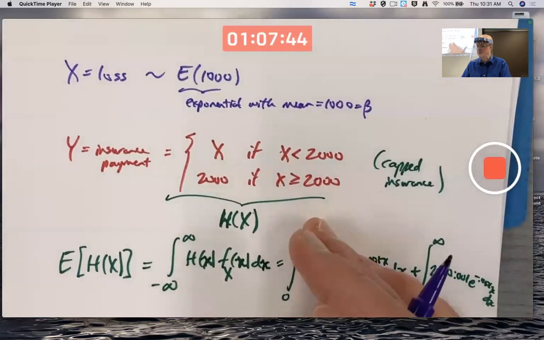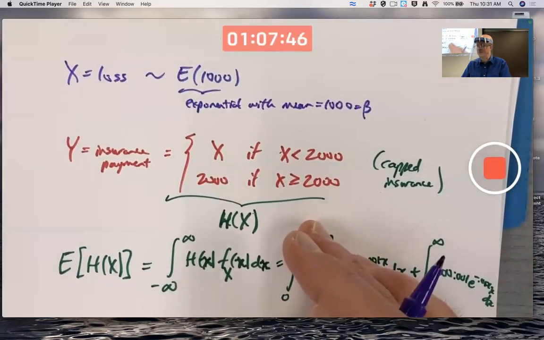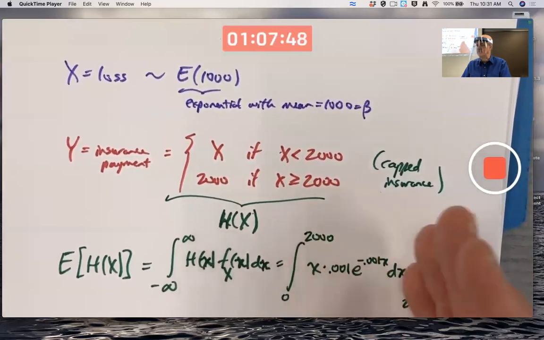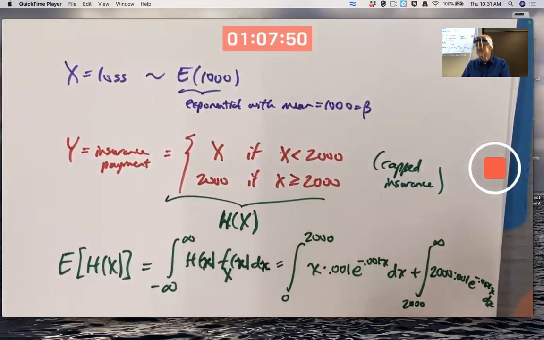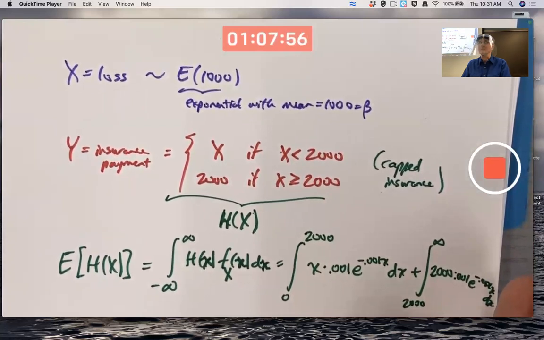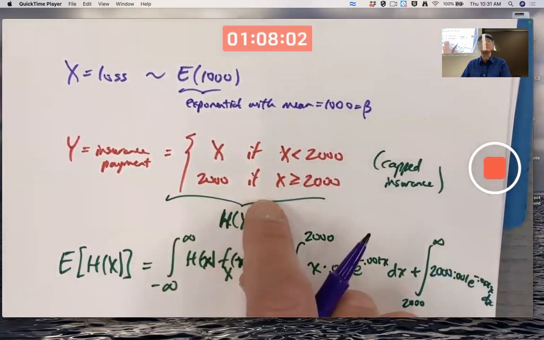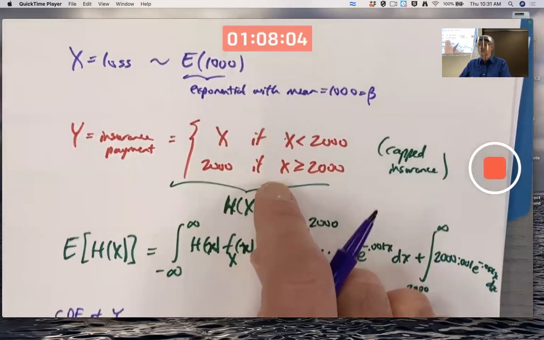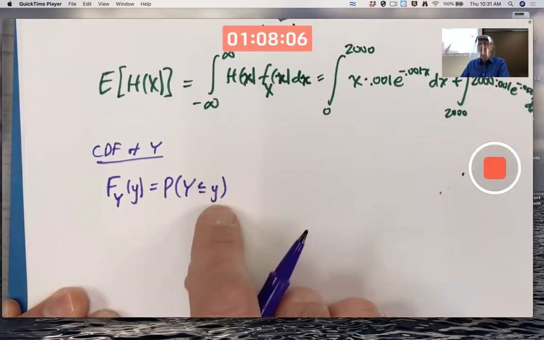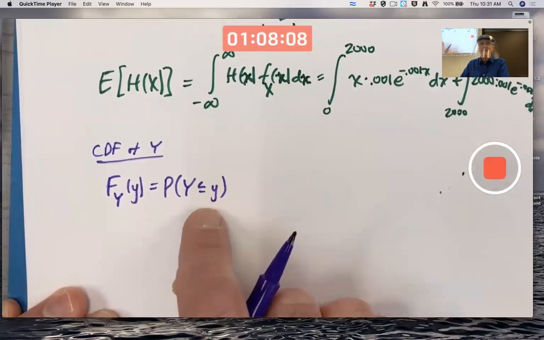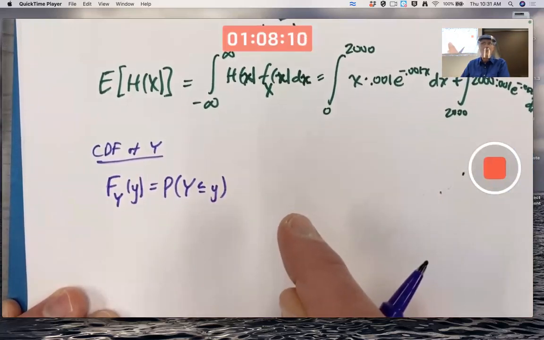X could be bigger than 2,000, and the probability that x is, for example, less than 3,000 is not 1. Close to 1, but not equal to 1. But Y never can get bigger than 2,000. So if I put a 2,000 there or anything bigger, it's a guarantee. 1 is the probability.